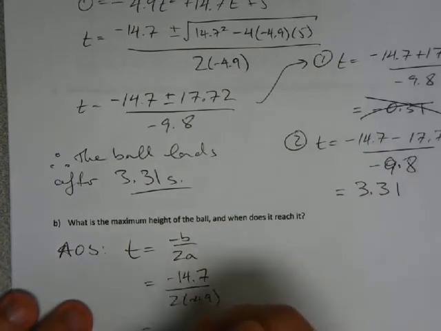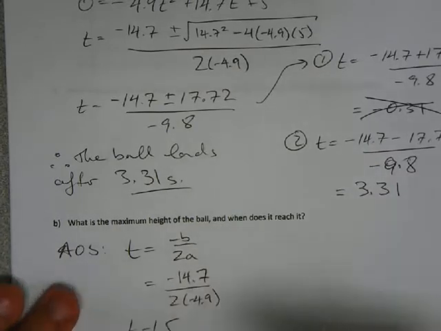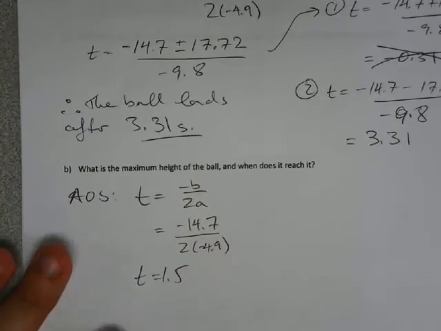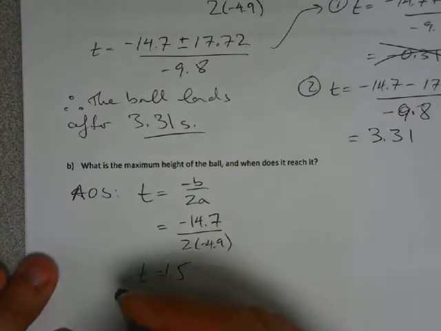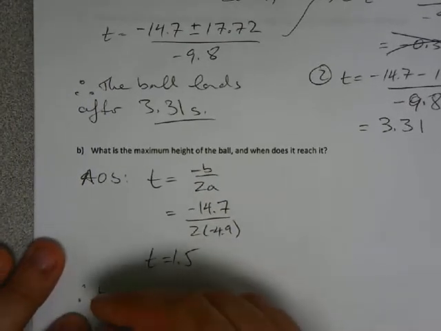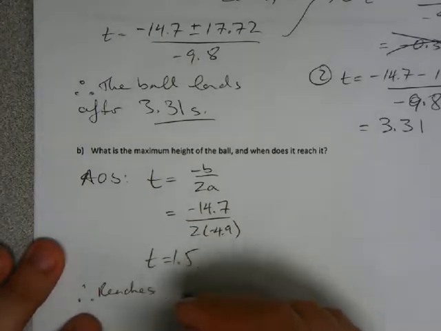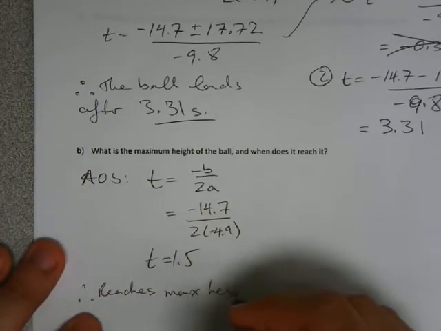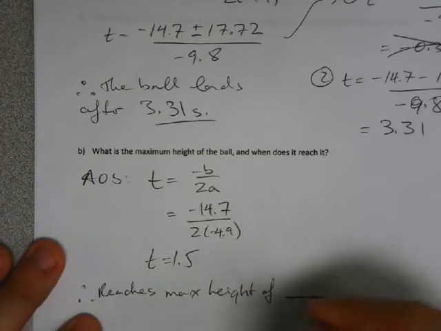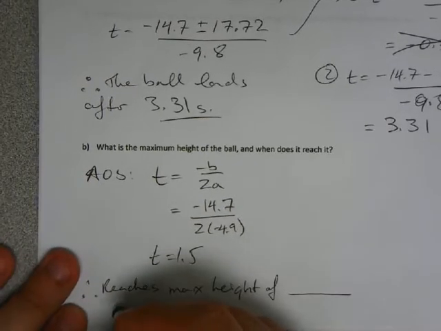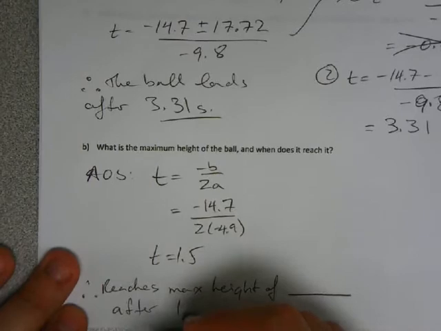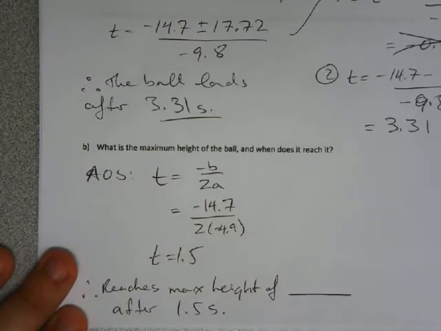So that gives us that t is 1.5. So we right now know that it reaches the height. So I can already start my therefore statement. So it reaches a max height of, I don't know what, I'll fill that in, but it happens after 1.5 seconds.